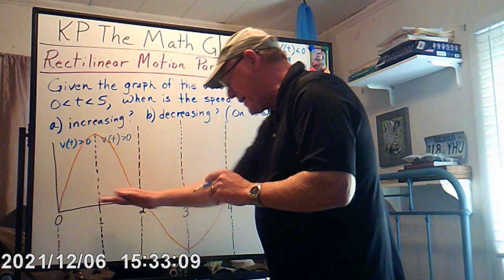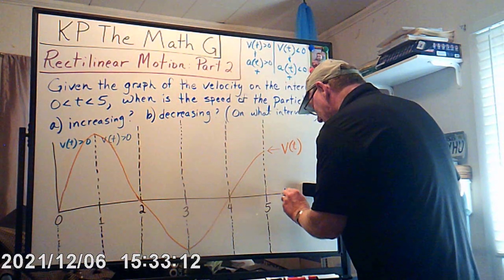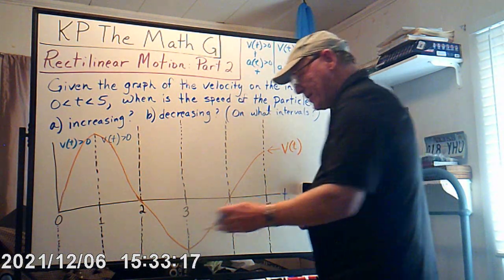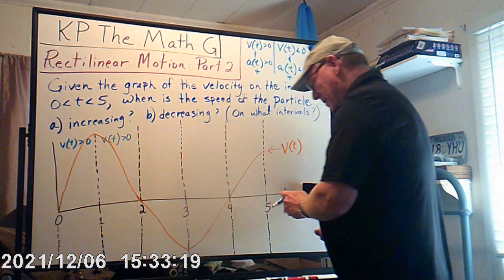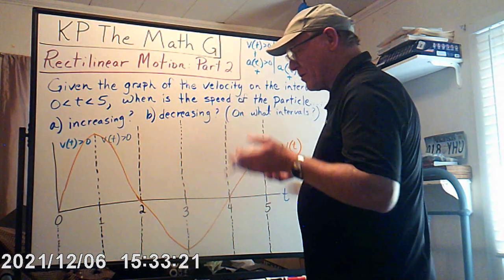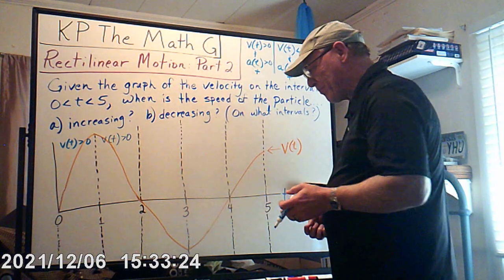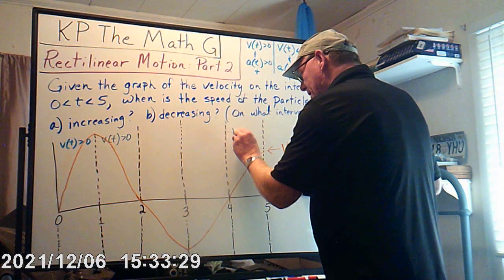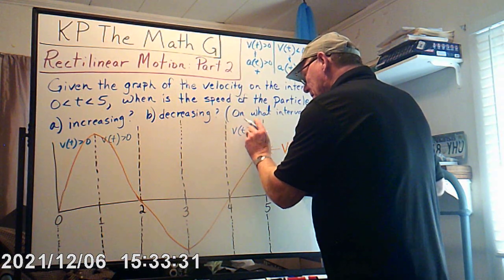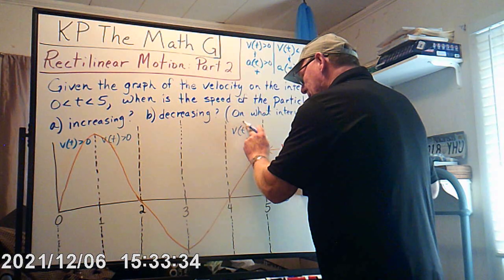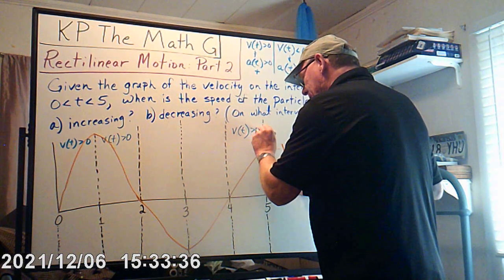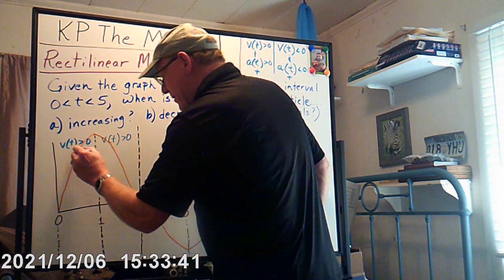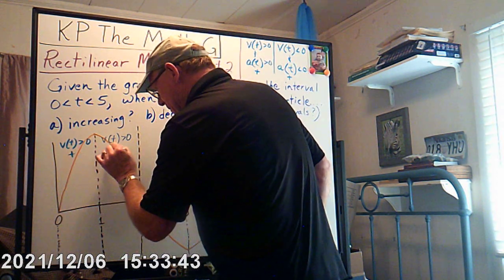It's above the t-axis. This is the t-axis right here. This is in terms of seconds, or if you want minutes or hours or whatever you want. It's also positive here. V at t is greater than 0. Let's put the sign of it then. If it's greater than 0, it's positive.